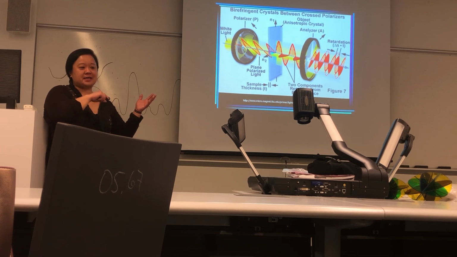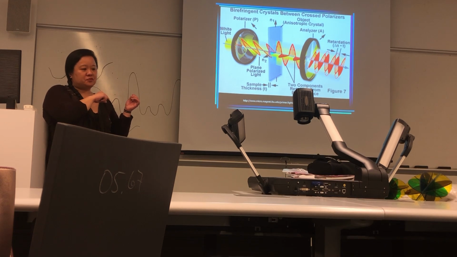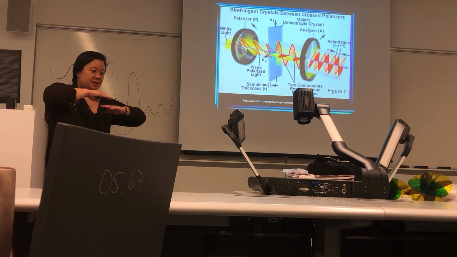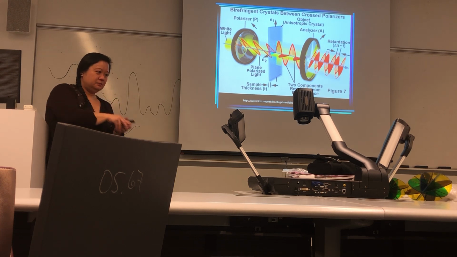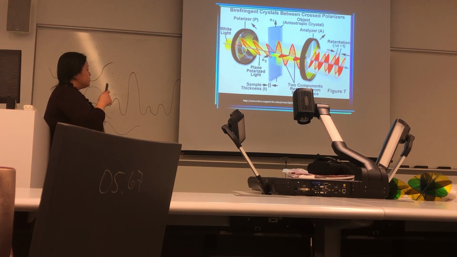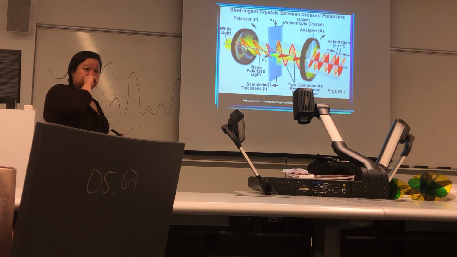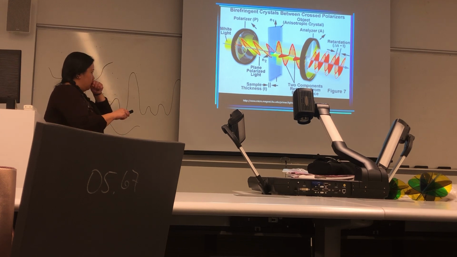You can have waves that are out of phase. You can have waves that have different amplitudes. And how out of phase are they? Maybe a little bit, maybe a lot of it. So all these different possibilities. So here is an example, and this is a really good depiction of how you're going to be looking at a sample through a polarized light microscope.